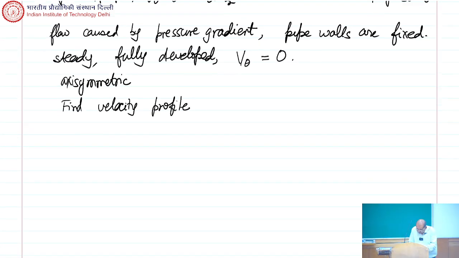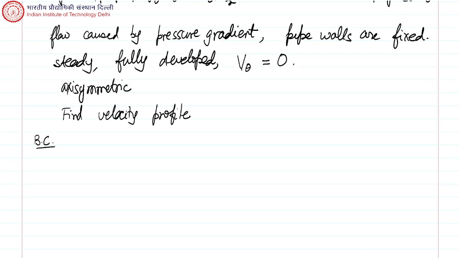So now we will start with the boundary conditions. Boundary conditions will be on which variables? On velocity and pressure. So which are the boundary conditions which we know?